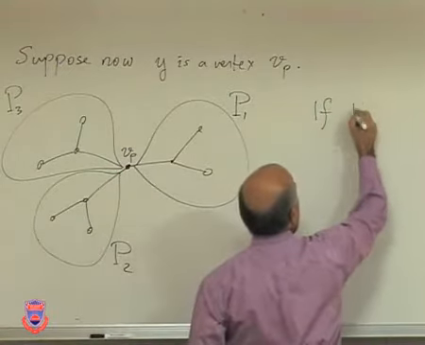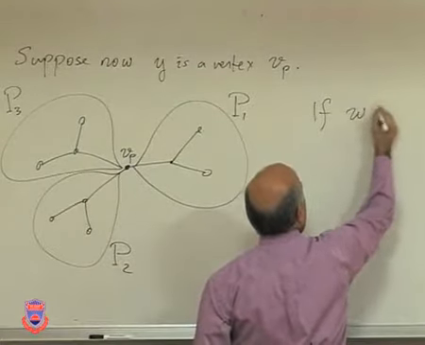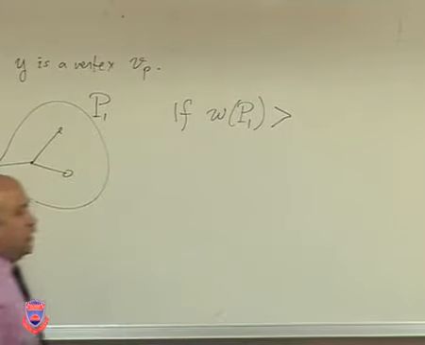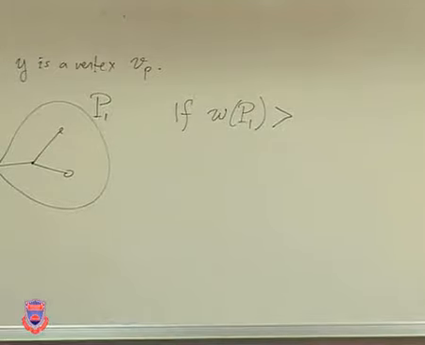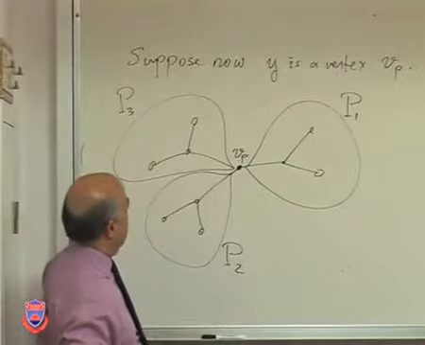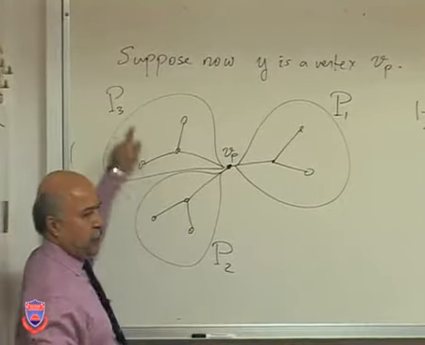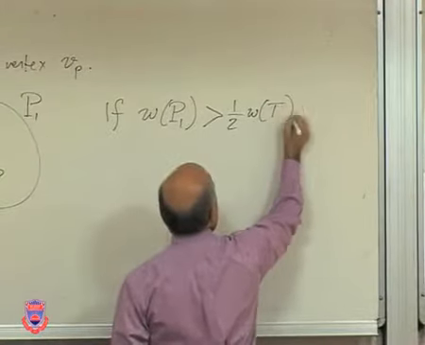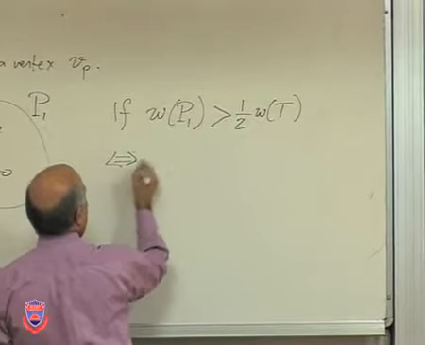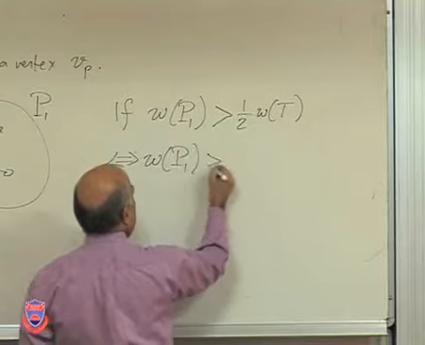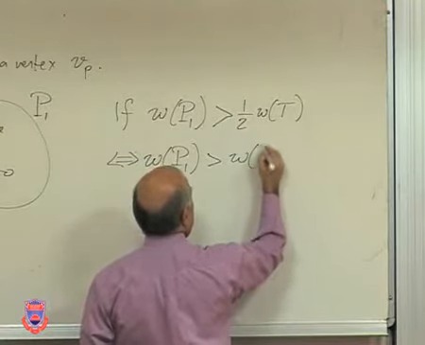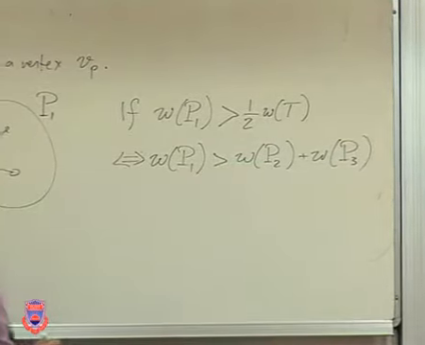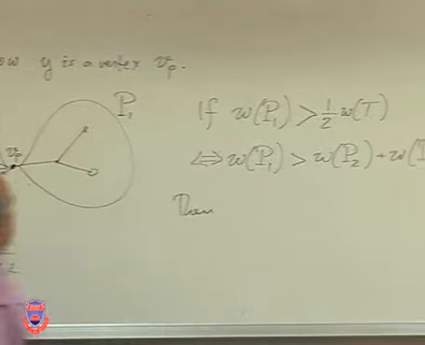If P1 happens to have a total weight which is greater than half the total weight of the entire tree, which means that its weight is greater than P2 and P3's total weight, so equivalently, if W of P1 is greater than W of P2 plus W of P3, then what would you conclude?